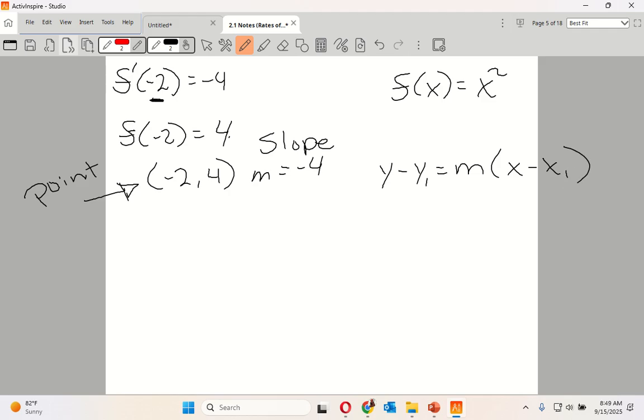That's probably the way that you recognize it better, with the f primes and all that other stuff. So let's go ahead and plug in what we have. y minus y1, that's y for my point, which is 4, equals m, -4, quantity x minus x1, so x for my point.